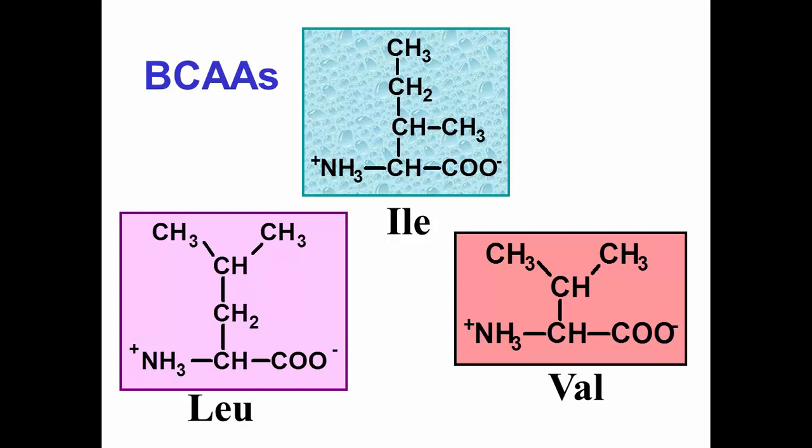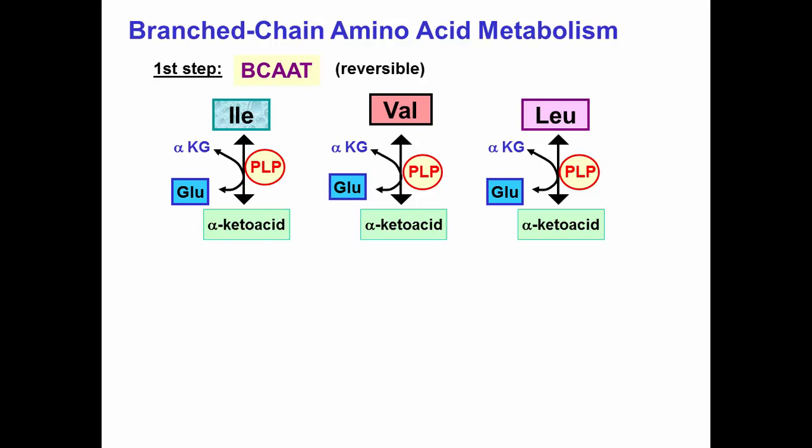Okay. All right. So now when we're in the muscle, there is a transamination reaction that happens in large part in the muscle. That is the first step. Branch chain amino acid transferase, or branch chain amino transferase.